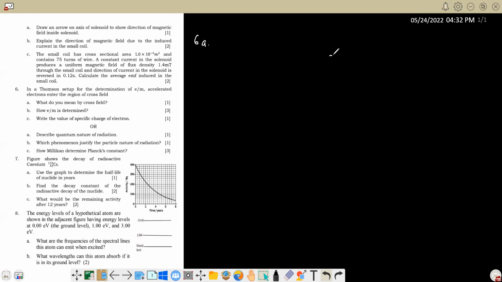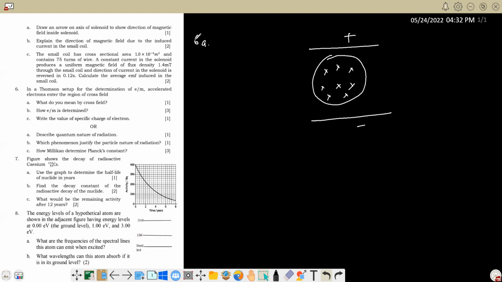For example, say this is the region of uniform magnetic field, and you pass a charged particle like an electron, with a plus terminal here and a minus terminal here, with certain velocity. The magnetic field is likely to draw it in the downward direction. In the meantime, the electric field is likely to bring it up, so that the net effect is going to be 0. This kind of field is called cross field.